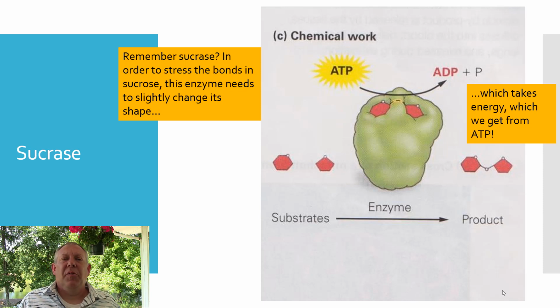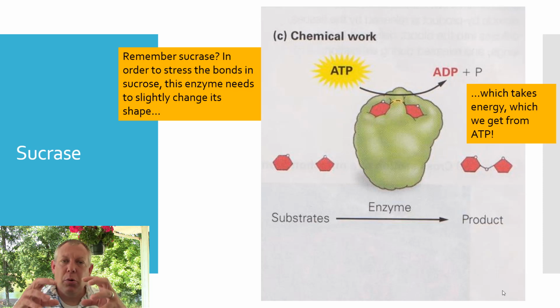And so what are some examples of how we use this? Well, let's go back to our earlier example of sucrase. You remember we said that sucrose binds to sucrase, and then sucrase stresses those bonds to break the sucrose in half, right? Well, how does it stress those bonds? How is it able to do that? Well, it uses an ATP.